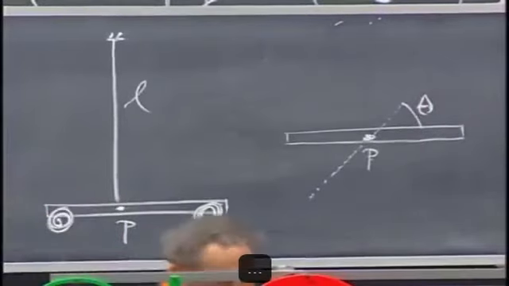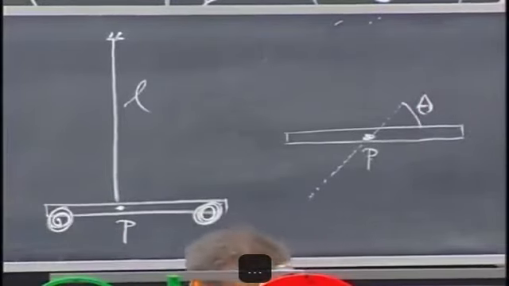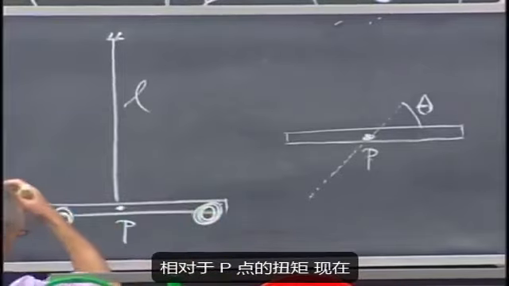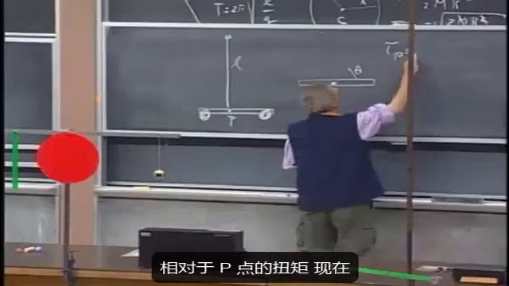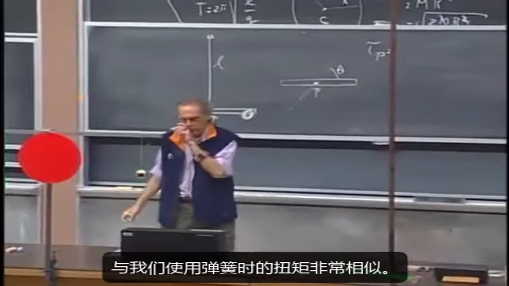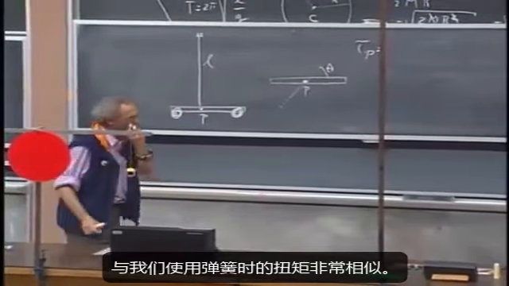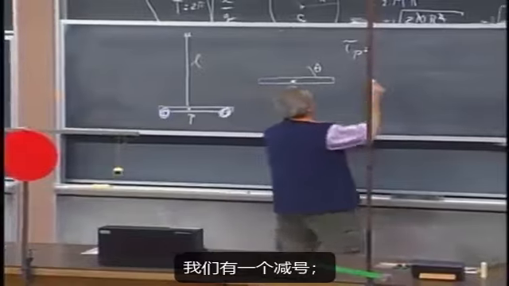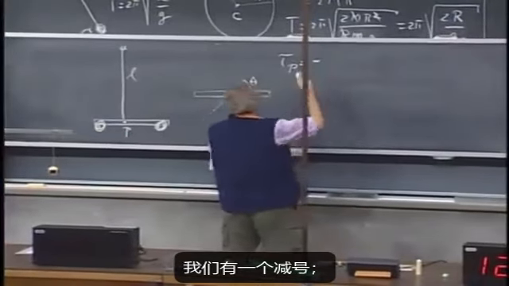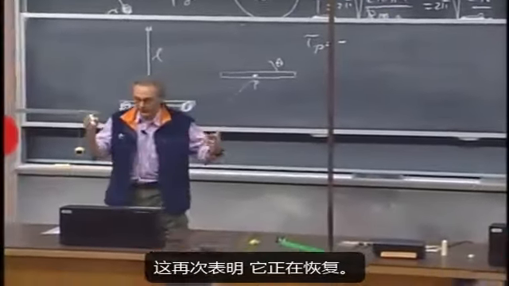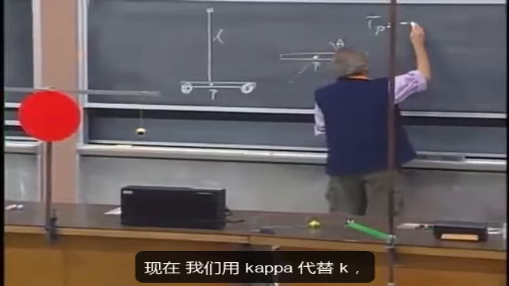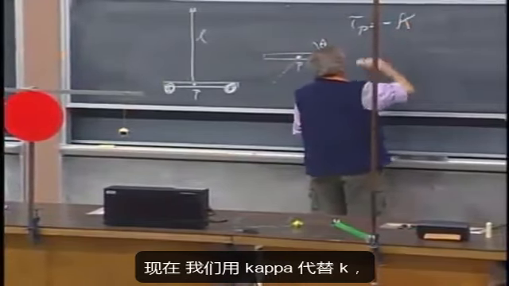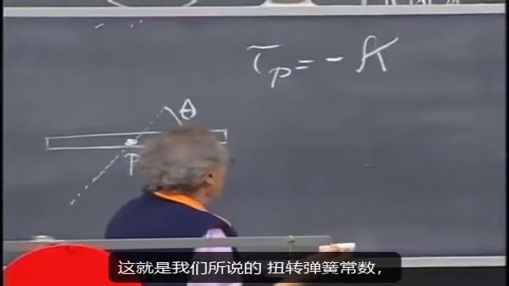The torque relative to point P is now very similar to what we had with a spring. We have a minus sign. Again, that illustrates that it is restoring. Instead of a k now, we have kappa, which is what we call the torsional spring constant.